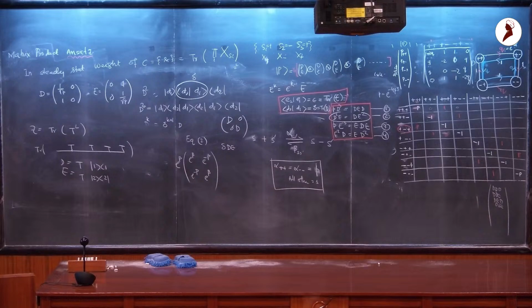I was asking about the M matrices that we are forming. So we have this 8 by 8, right? Yes, because we are considering three sites. So if, instead of considering 3, we consider 2 sites?